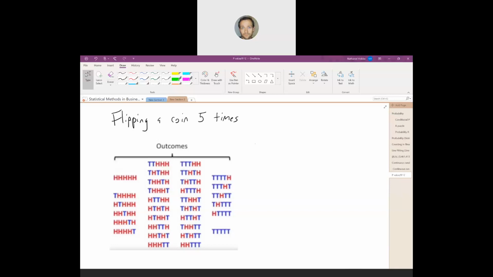So, probability of four heads and one tails. Let me pick on somebody. How about Jelani? Do you have a mic? Yep.